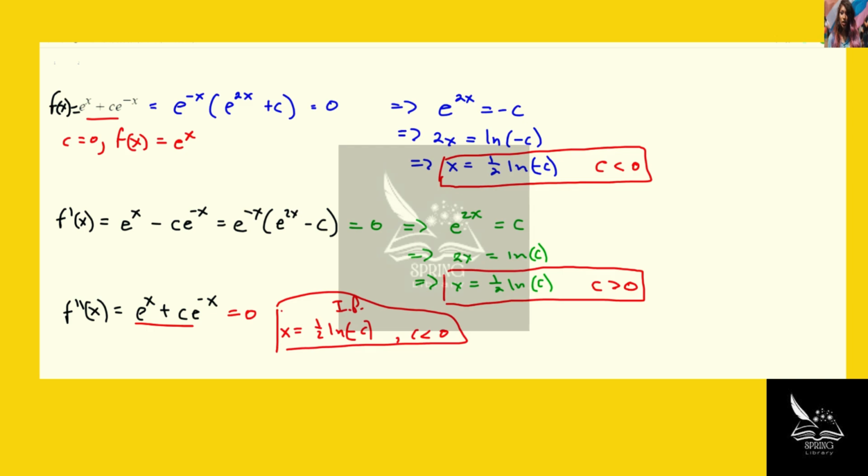So this would have no maximums nor minimums, but we might say that around c equal to 0 is probably our transition that we were asked to look for, just because e to the x will have different properties than when we're adding e to the negative x to it.